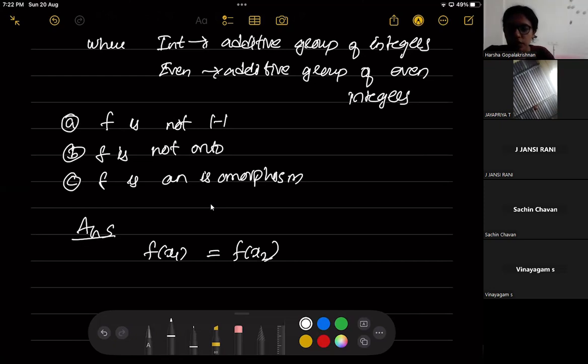So f of x1 equal to f of x2 implies, what is the definition? F of x equal to 2x. That means 2x1 equal to 2x2. Here multiplying with the 2 means the usual multiplication. So the 2 we can cancel from both sides.